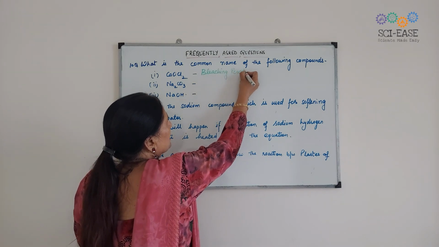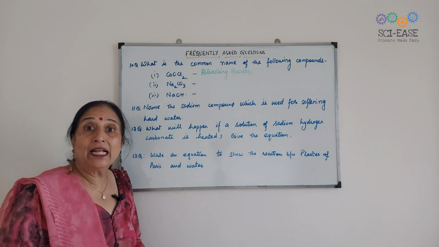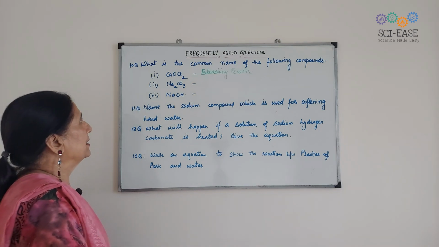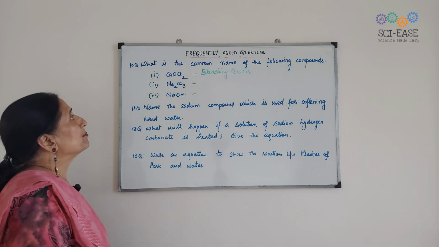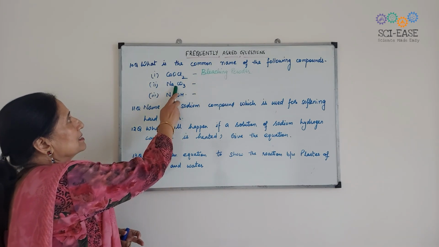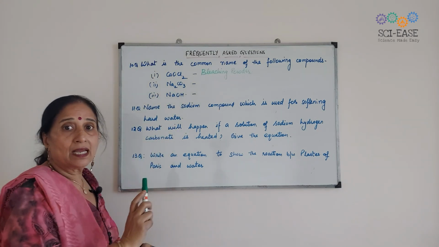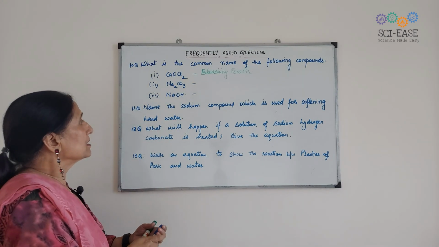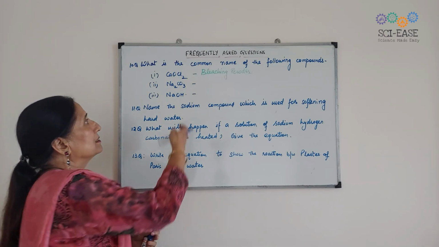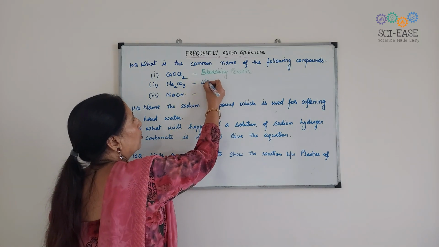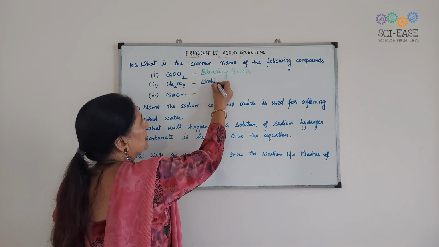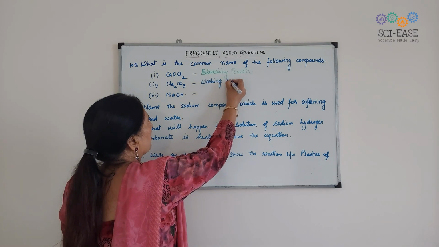And what is its chemical name? Calcium oxychloride. Next is sodium carbonate, Na2CO3 is its formula. And what is the common name of this? This is washing soda.